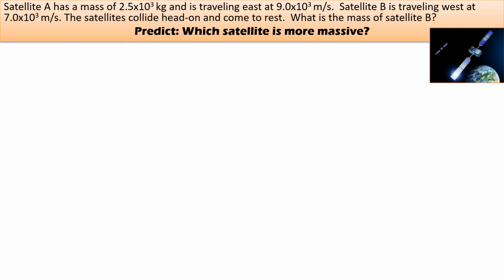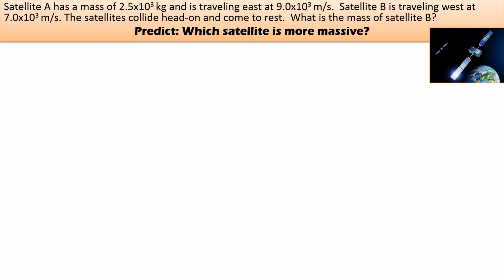If the final momentum is 0, that means the initial momentum must be 0, which means when you add the momentum of A and B together, it's equal to 0, which means that they have the same momentum and are moving in opposite directions. And since A is traveling faster than B, I think satellite B will be more massive than satellite A. It's going to be a greater number than 2.5. Let's see if I'm right.